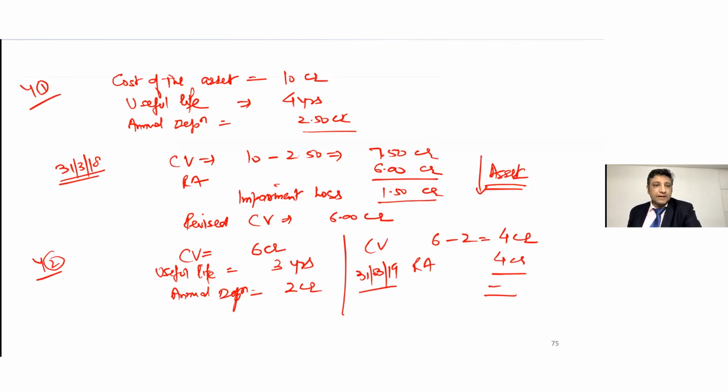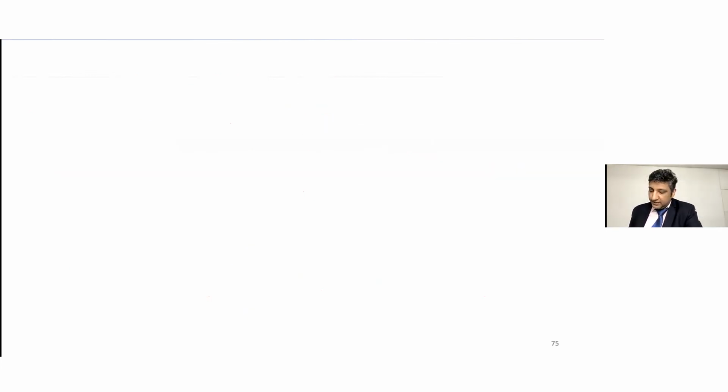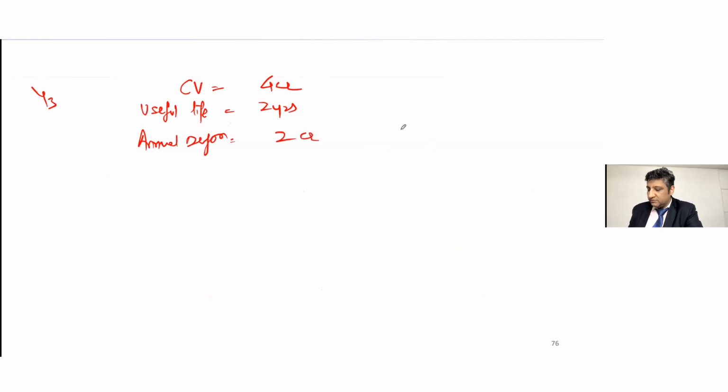All right. But now I go further on year 3, wherein I use the existing carrying value, which is 4 crores. My estimate of remaining life is now 2 years, which means my annual depreciation is now 2 crores, which is 4 by 2, right?